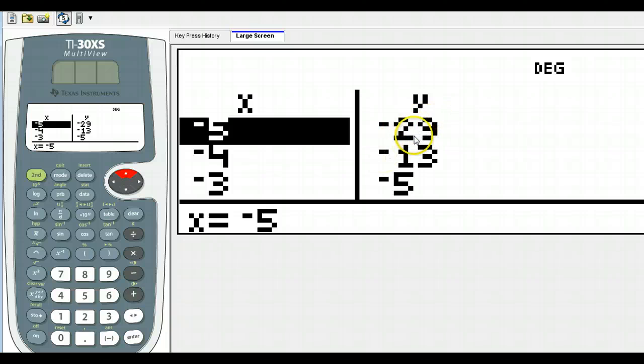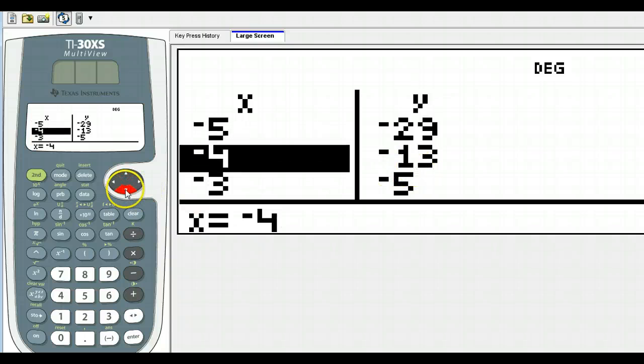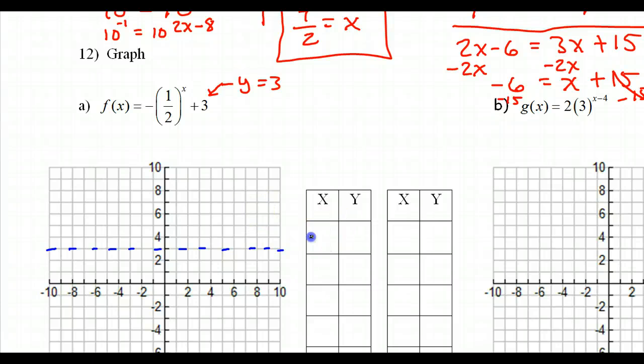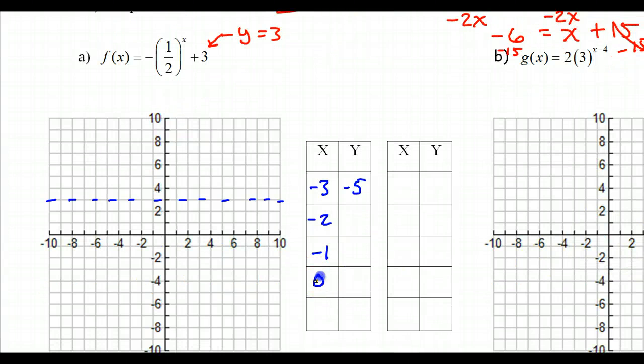Negative 29 will not fit on the graph. Negative 13 is close, but it doesn't quite fit on the graph. So this is the first value that's going to fit. So this is going to be the first value on my chart. So negative 3, negative 5. Okay, so I'll go with negative 3, negative 5. Which means that then I'm going to have negative 2, negative 1, 0, and 1.